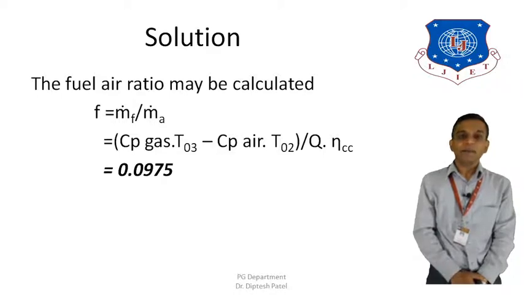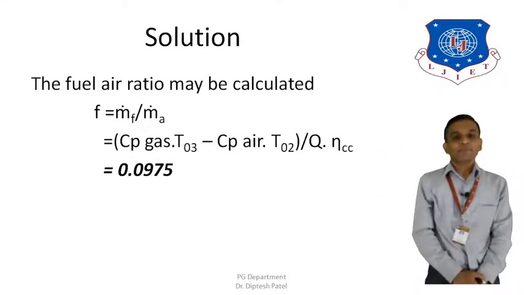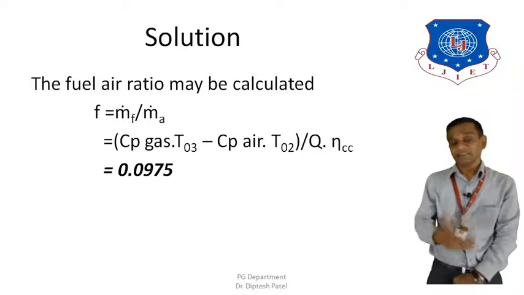Therefore, I should be able to write down, since we know that mf is equal to Cp gas T03 minus Cp air T02, the specific heat of gas and specific heat of air, divided by Q into the efficiency of the combustion chamber, eta cc. Substituting the values, I'll get the fuel air ratio, and that is equal to 0.0975. So that is the fuel ratio, and this is our next finding.